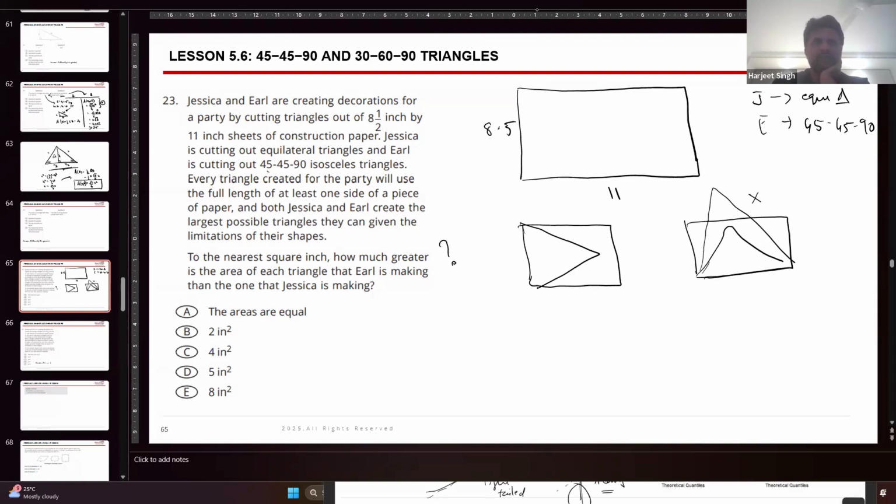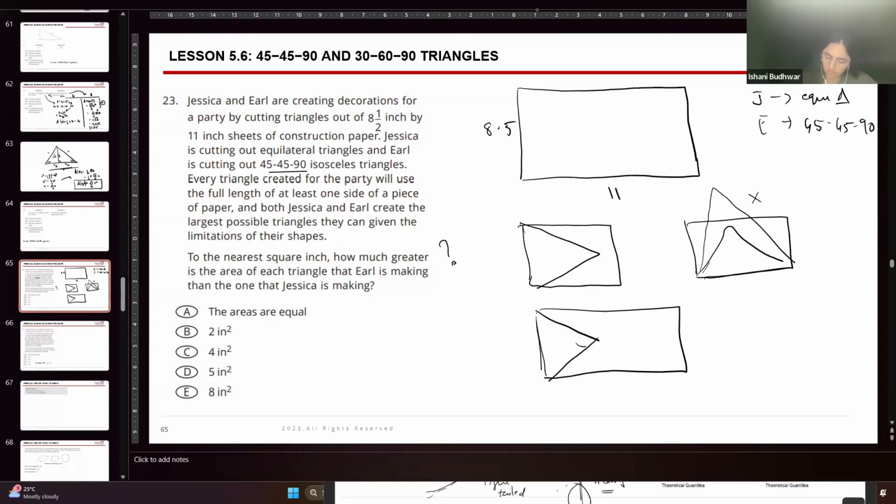So as far as this 45, 45, 90 is concerned, it should optimally utilize the space inside. When I look at this triangle, there are two ways of creating that 45, 45. One is using the short side, and it will look like this. Can I see most of the paper is unused?